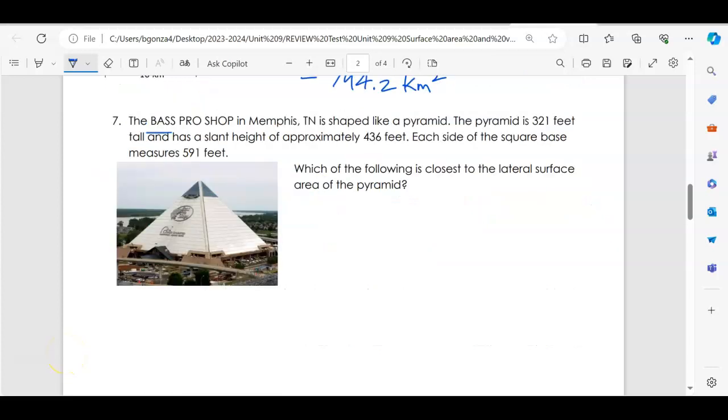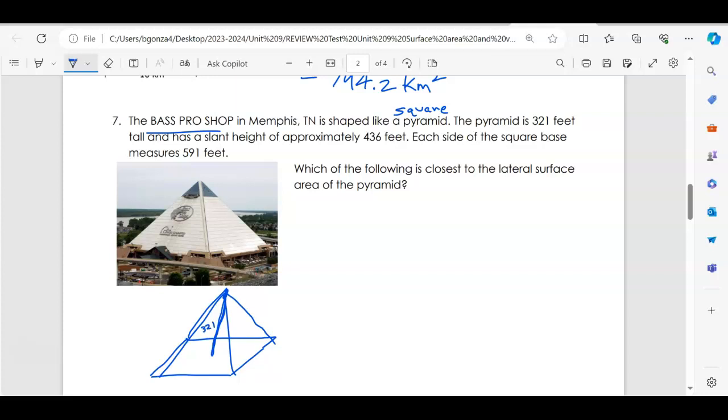All right, so we got this Bass Pro Shop in Memphis, Tennessee. It's a pyramid. It's actually a square pyramid. Okay, it's 321 feet tall. So if you go straight up and down, it's 321.